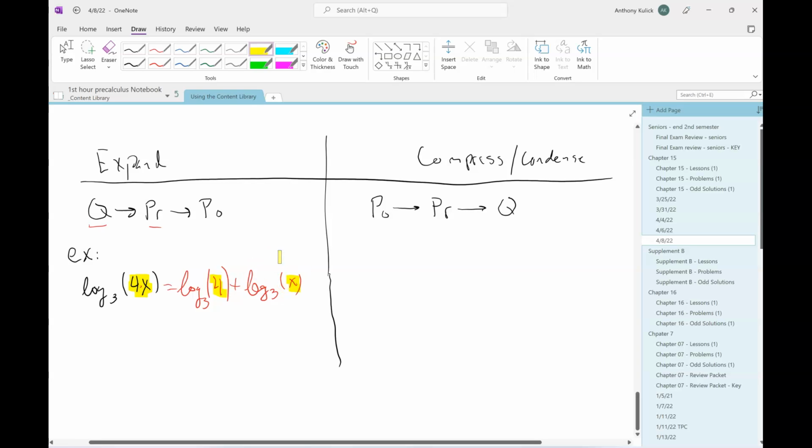Then I would look down inside of each of these and look to see if there's any other quotient, product, or power properties going on in these. So if I look at the log of 4 first, is there a quotient property going on? No. Is there a product property going on?